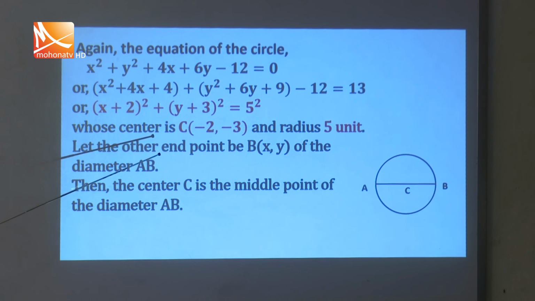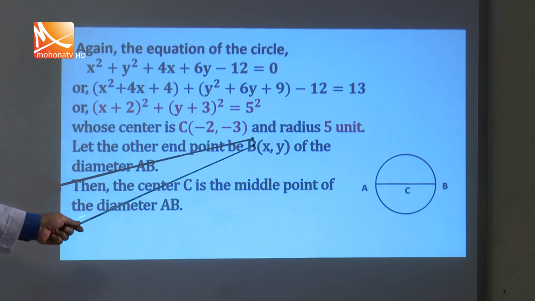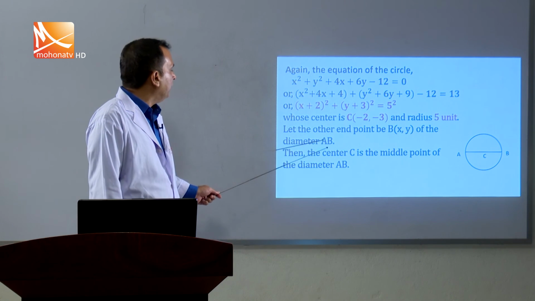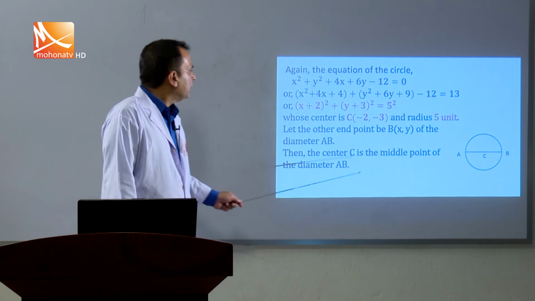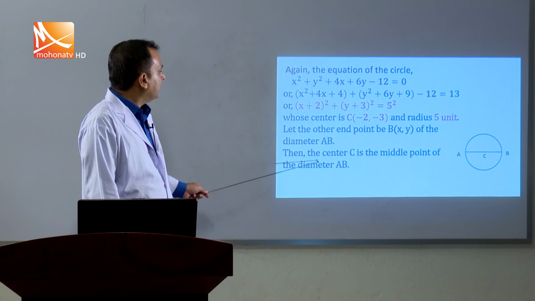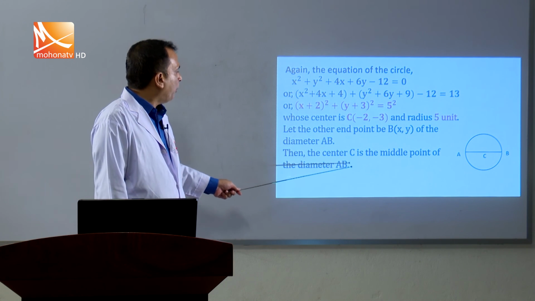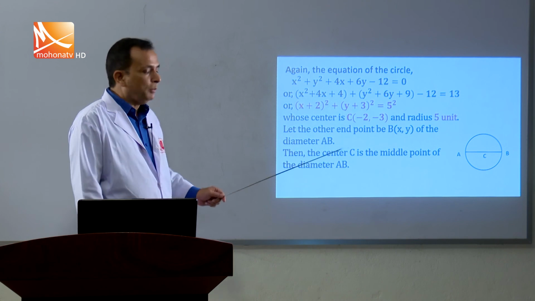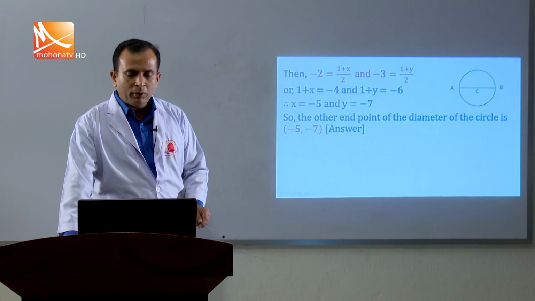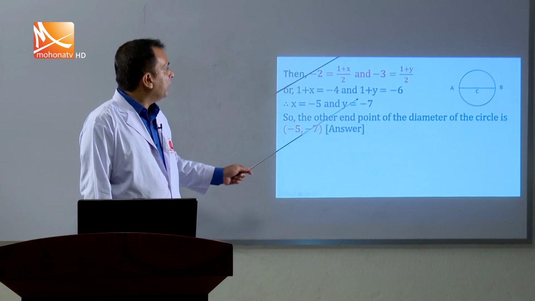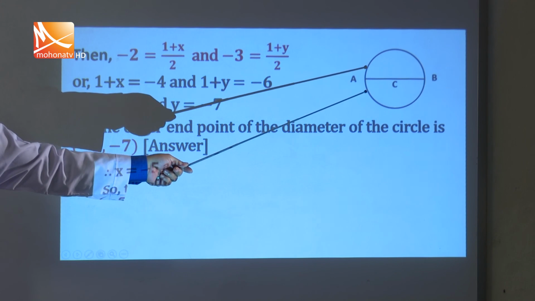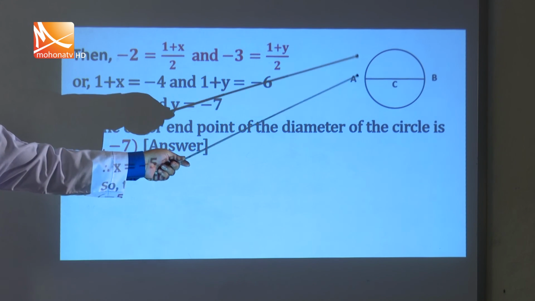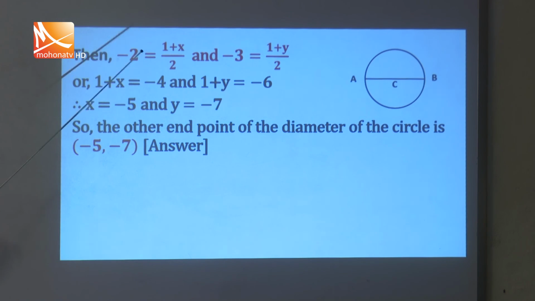Let the other end point be B(x, y) of the diameter AB. You just see in the diagram, let the center C is the middle point of the diameter AB. Then we can write down, A is 1 comma 1, the point B is x comma y, and the point C is minus 2 comma minus 3.